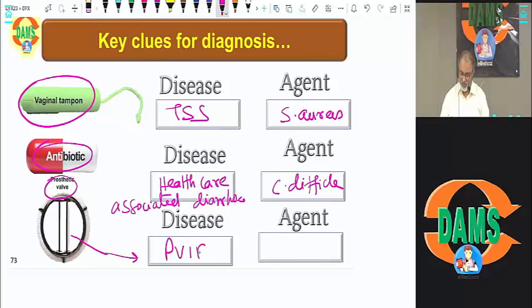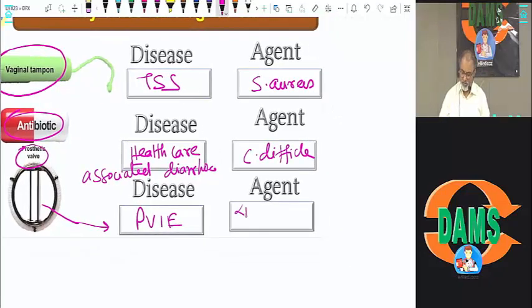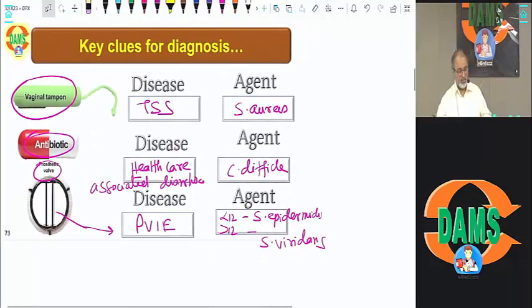Prosthetic valve infective endocarditis: less than 12 months, Staph epidermidis; more than 12 months, Strep viridans.